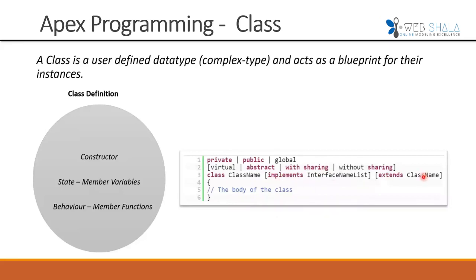And whenever I'm trying to extend a class, I will use the keyword extends. So we always implement our interfaces and we always extend our classes. Clear? The difference between class and interface we will understand in future.